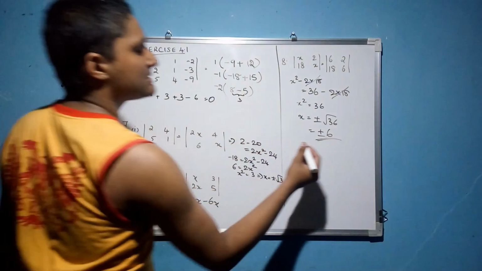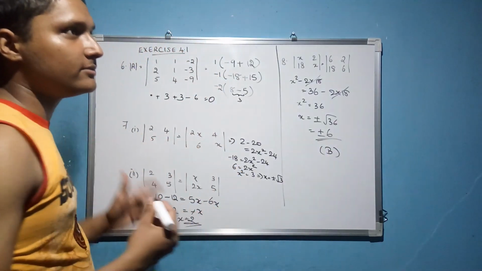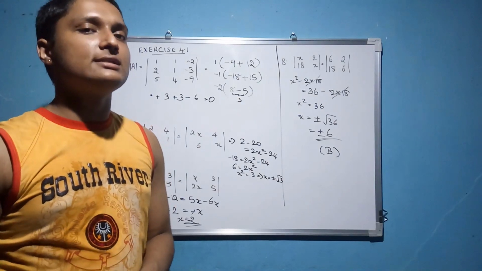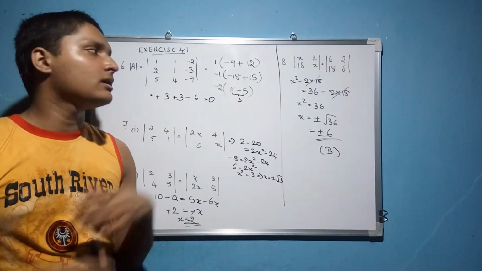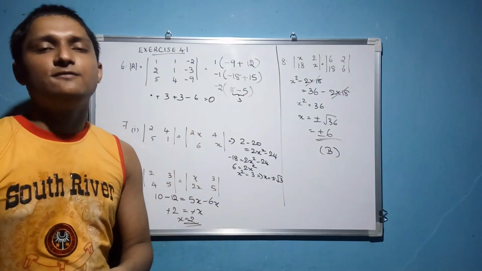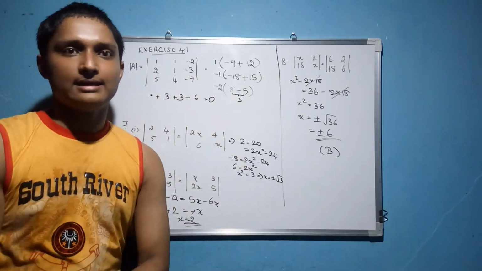Okay, this is all about finding and expanding of the determinant. Now in the next part we are going to learn about the properties of the determinants. There are several properties, so there are ways to expand this determinant without using the direct method. This is the direct method.